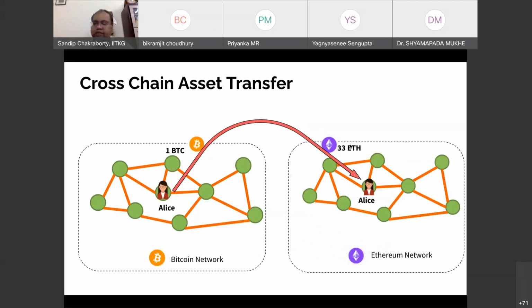So you can just relate this problem to the typical money transactions problem, or the cross-currency money transaction problem, where you want to transfer $1 from your US account to your India account.